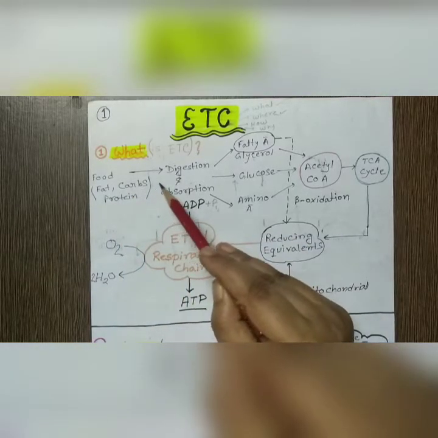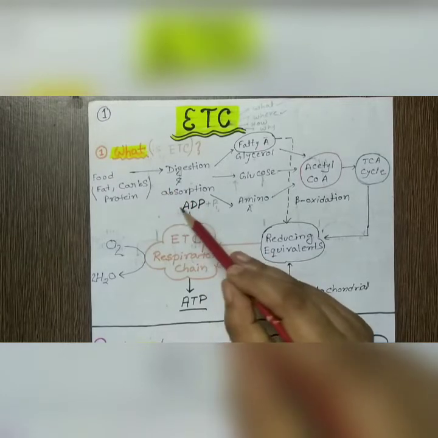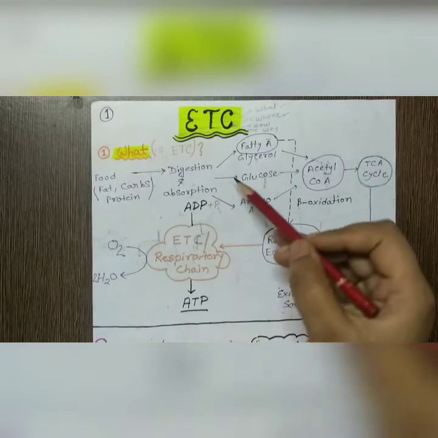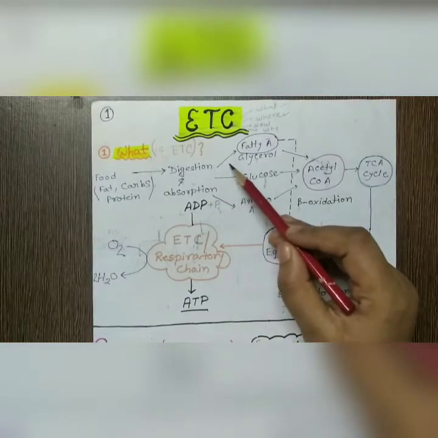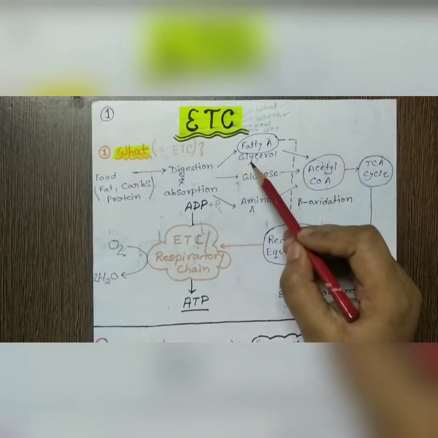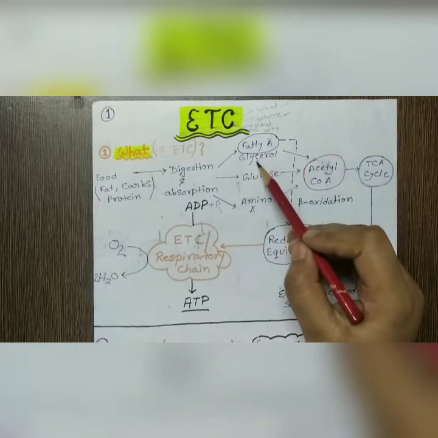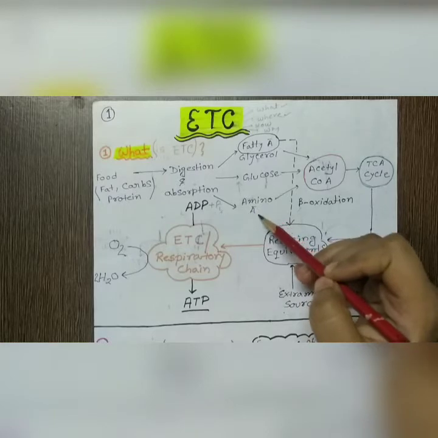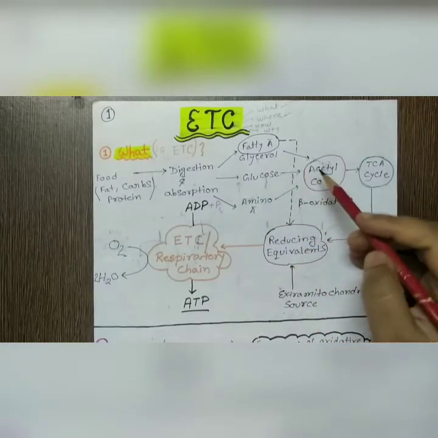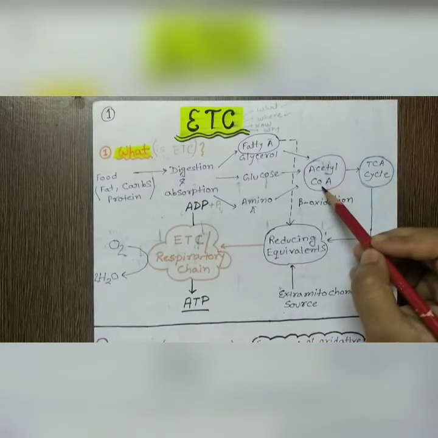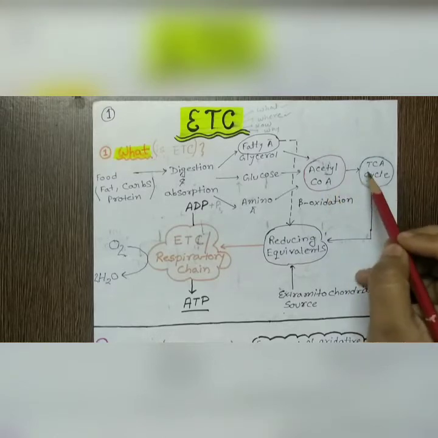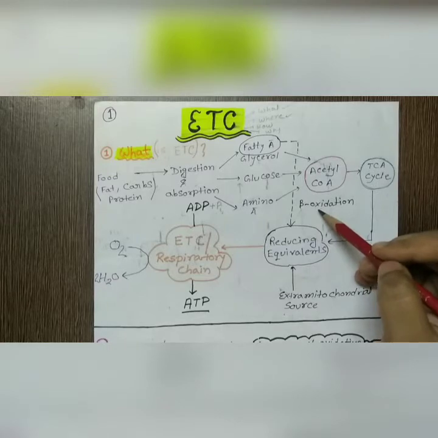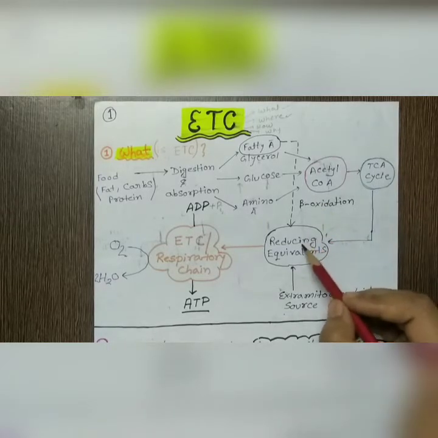Then this food undergoes a digestion or absorption mechanism by our digestive system, and then they convert into their simplest format, that is fatty acid or glycerol, glucose and amino acid.